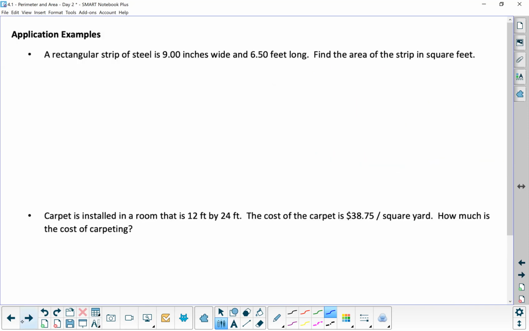Couple of applications. A rectangular strip of steel is 9 inches wide by 6.5 feet long. Find the area of the strip in square feet. So square feet, I'm gonna change my 9 inches to feet. 1 foot is 12 inches. So that's gonna be 9 over 12 or 0.75 feet.